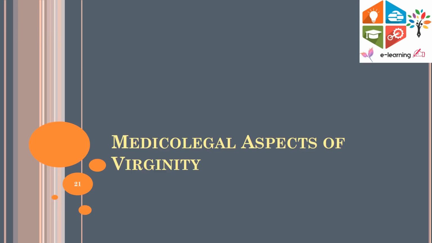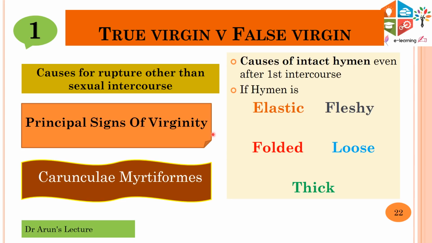The last few slides of the presentation cover the medico-legal aspects of virginity. First and foremost, the medico-legal aspect of virginity is to differentiate between a true virgin and a false virgin.